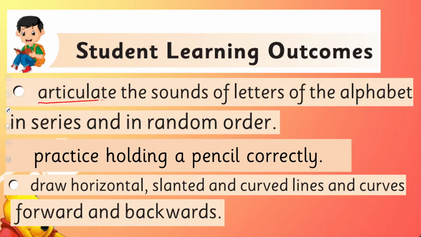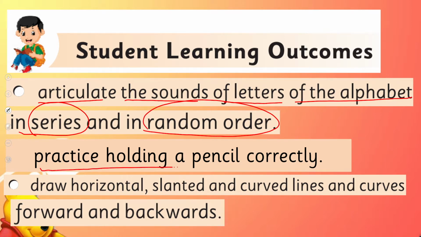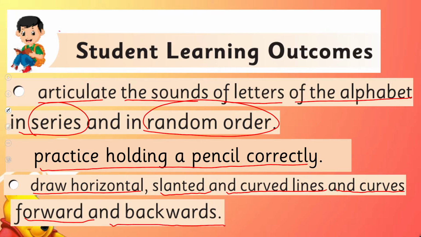We learn to articulate the sounds of letters of alphabets in series and in random order. We'll practice holding a pencil correctly. We'll draw horizontal, slanted and curved lines and curves forward and backwards. These are our today's SLOs.